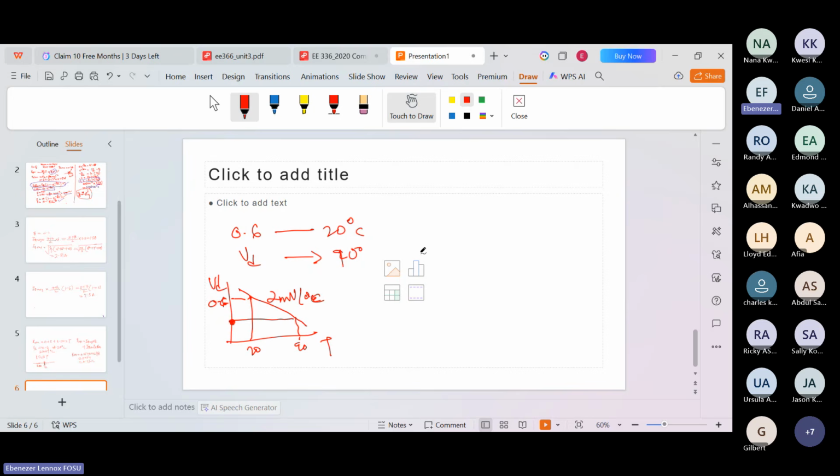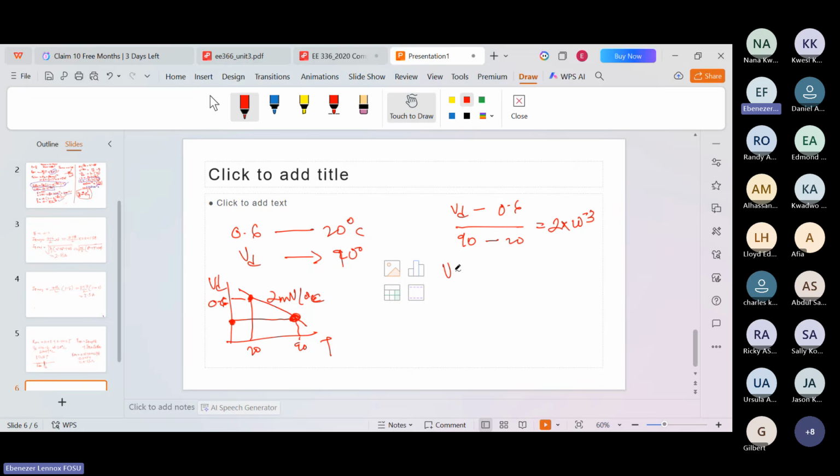What you just need to do is very easy when you have this one model. If we take this as our first value and this as the second value, then we have (VD minus 0.6) over (90 minus 20) equal to 2 times 10 exponent minus 3, right?